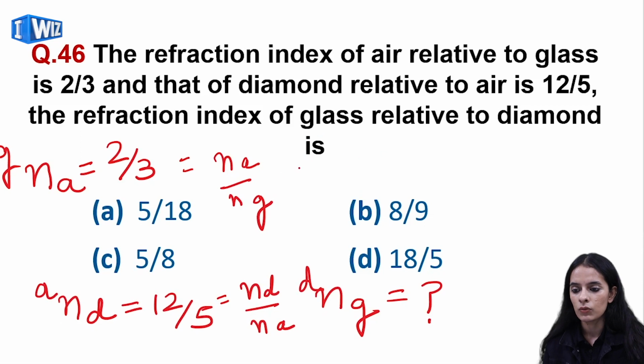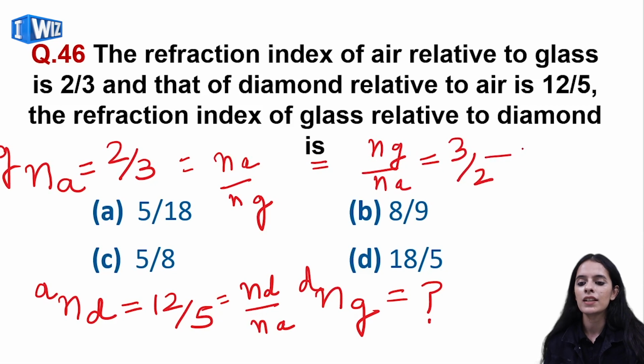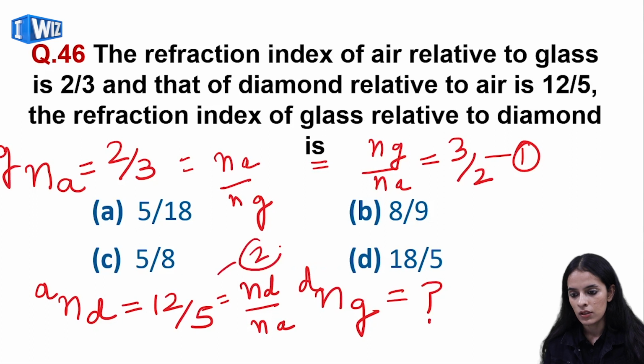So what will happen if I just reverse this one, Ng over Na? So 2 by 3 will become 3 by 2, right? So that I can divide 1 by 2 and get my exact value. We know that the refractive index of glass with respect to diamond can be written as Ng over Nd.